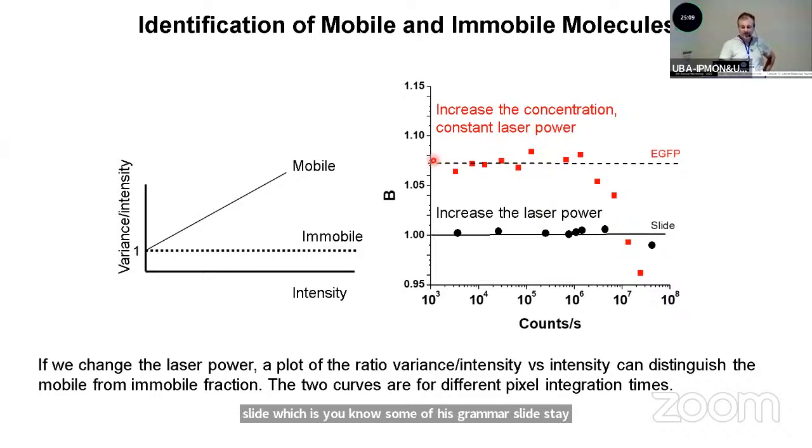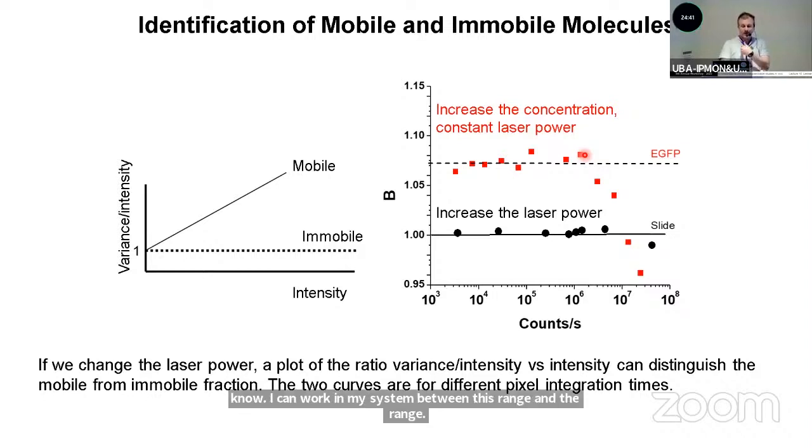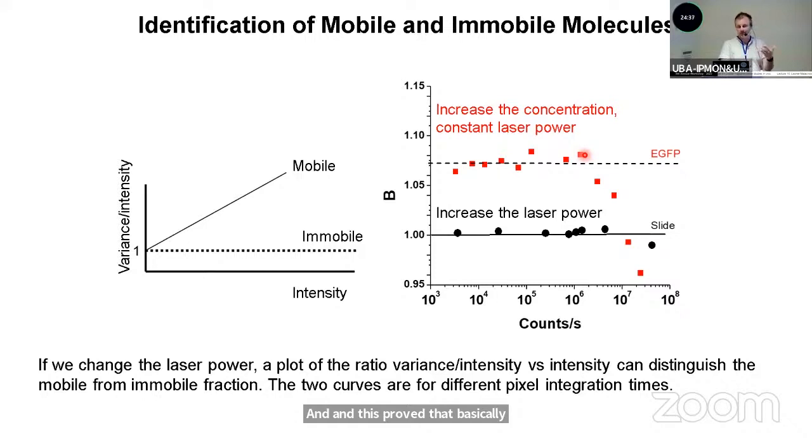The other important thing is that if you do the proper calibration for each measurement and you do the EGFP, you will get a value for the brightness which is flat over a range, and at a certain point it drops because you start to saturate your system and it is no longer linear, right? This is the range that you need to know. I can work in my system between this range and this range, and this proves that you can measure your system with any amount of laser, but the brightness will always be the same, right?